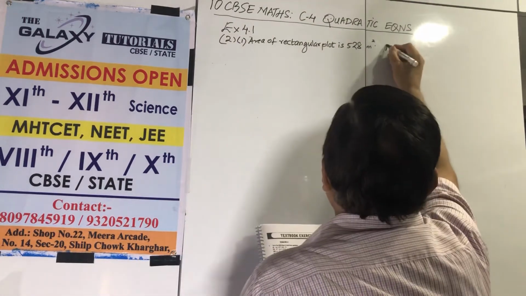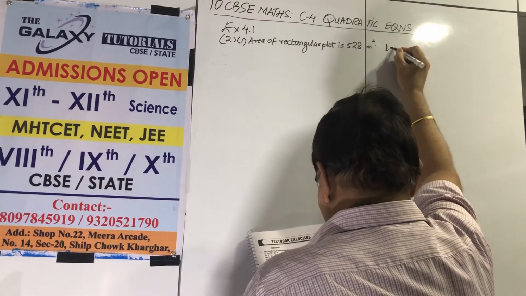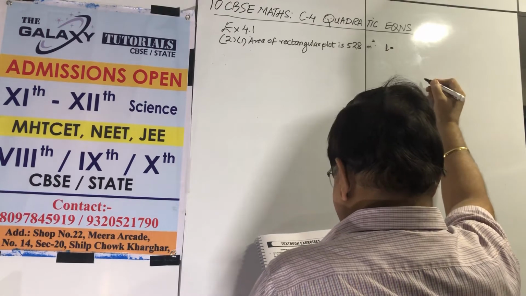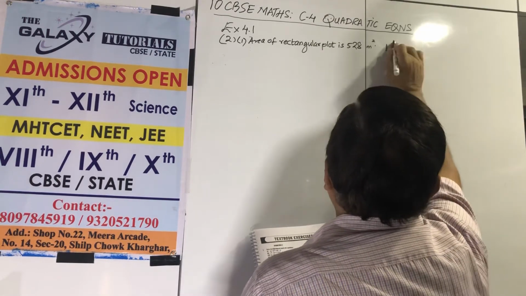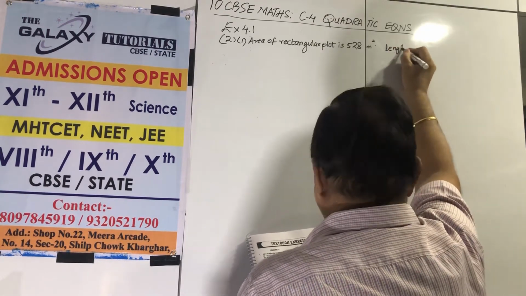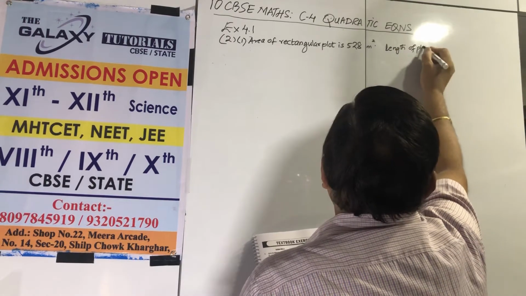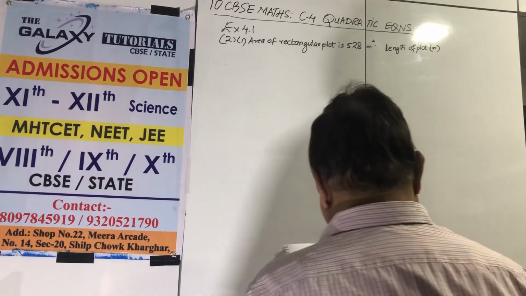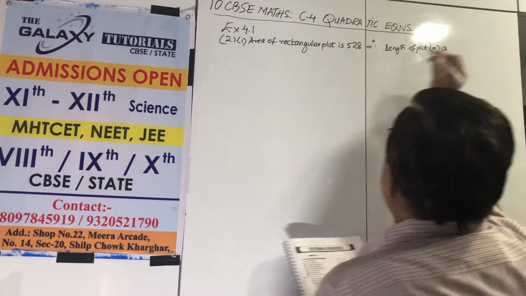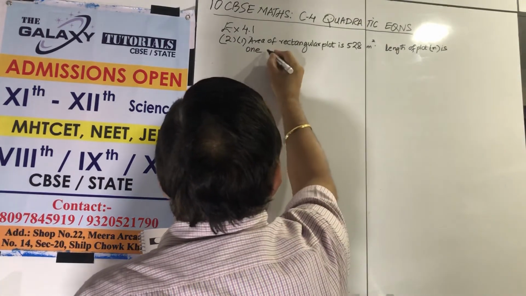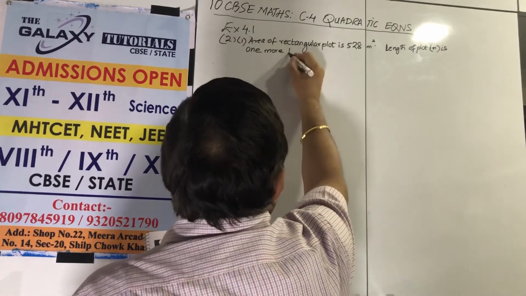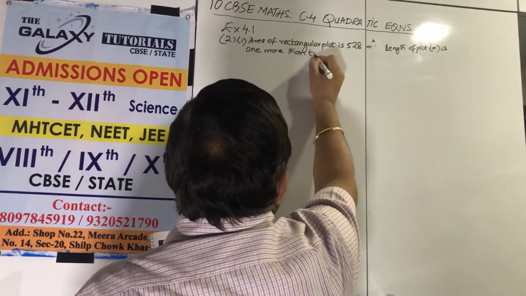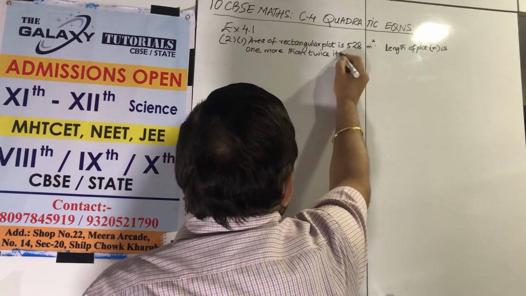Length of the plot in meters is one more than twice the breadth.